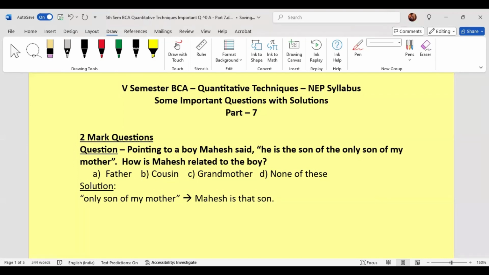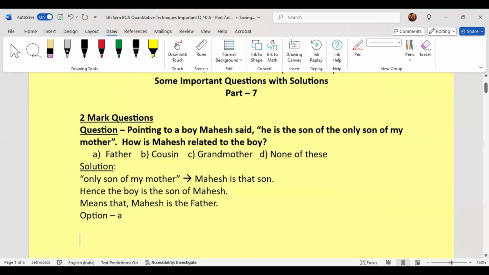He is the son of the only son of my mother means, hence, the boy is the son of Mahesh, which means that Mahesh is the father of the boy. Mahesh is the father. So option A is the right option.